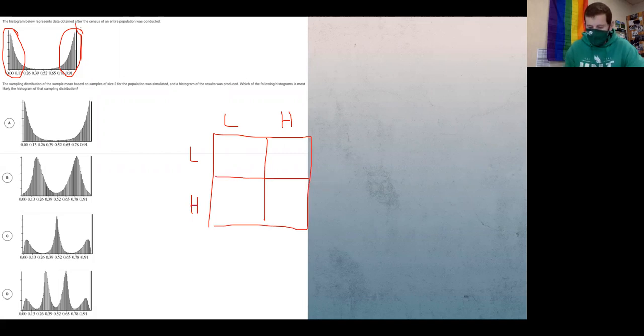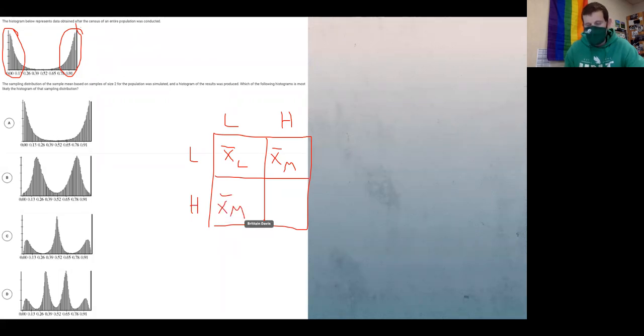All right, this almost looks like your genetics Punnett square going on, right? So I could get 2 people at the low end, and therefore my mean is going to be low. So I'll just put my sample mean right here. It's going to be low. I could have a high and a low, and so my sample mean here will be, I'll just put medium. A low and a high combined together is going to have a sample mean of medium.